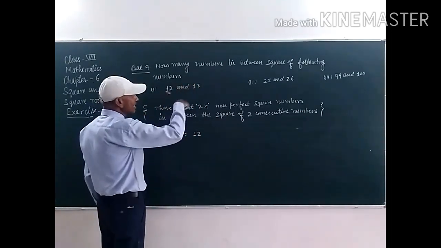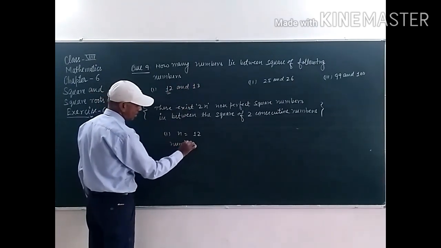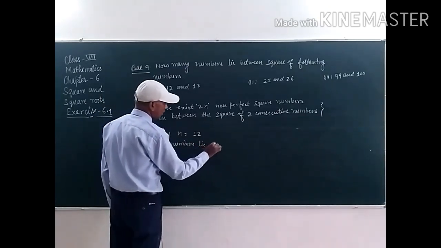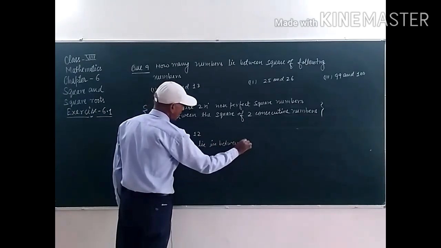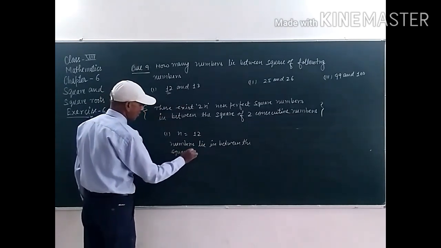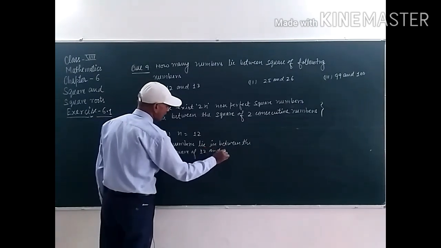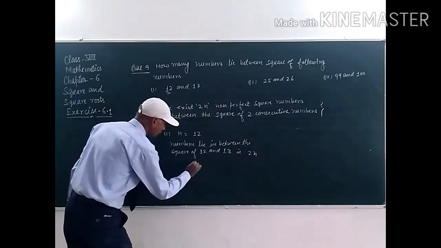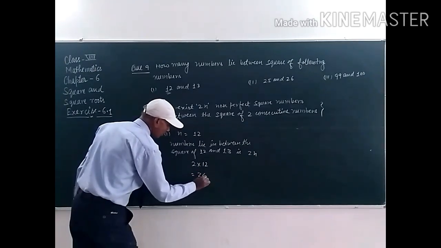So the numbers that lie in between the squares of 12 and 13 are 2n, which is equal to 2 into 12, which is equal to 24.